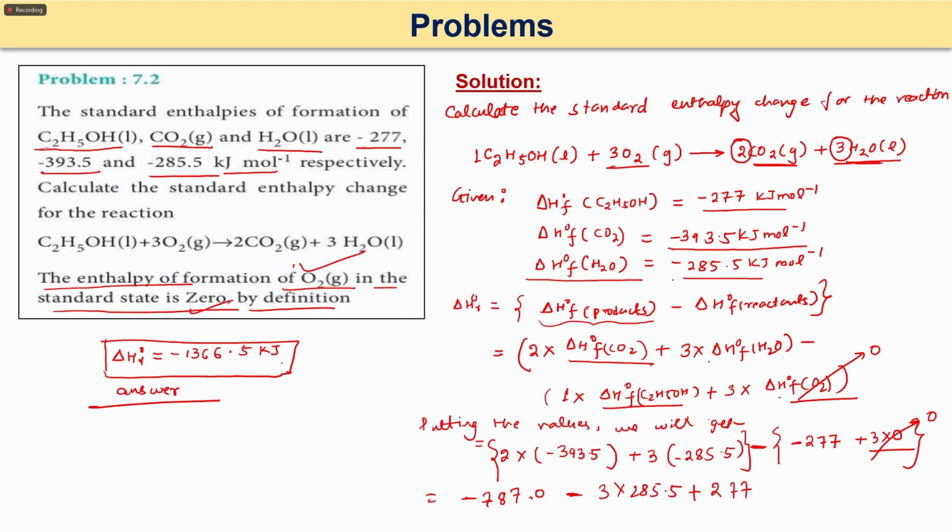We just have to see what they have asked. They have asked the standard enthalpy change of reaction, which is nothing but the difference of the standard enthalpy of formation of products and reactants. So we have taken the difference of the products and reactants, put the values, calculated it, and we got our answer.